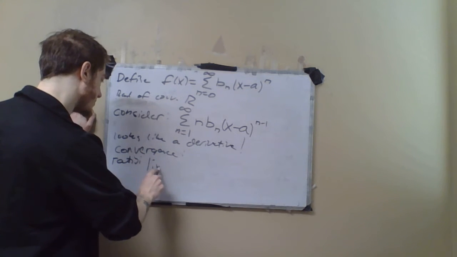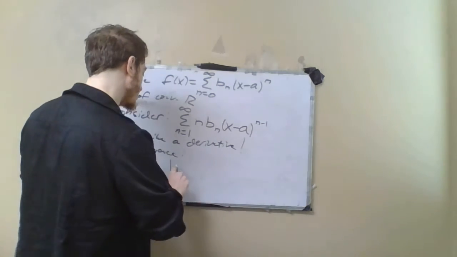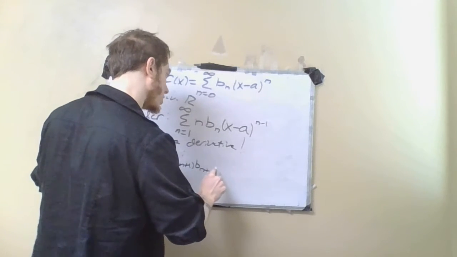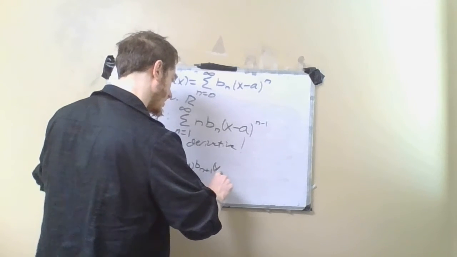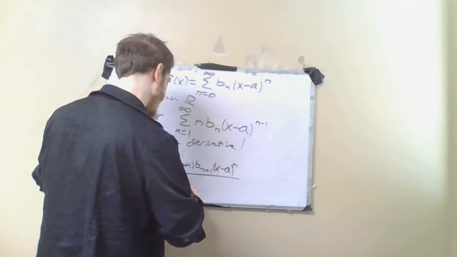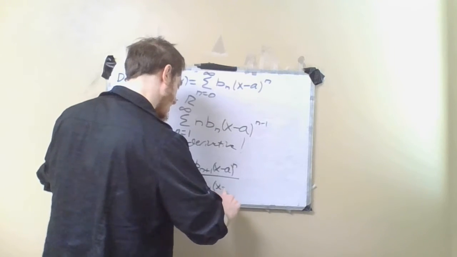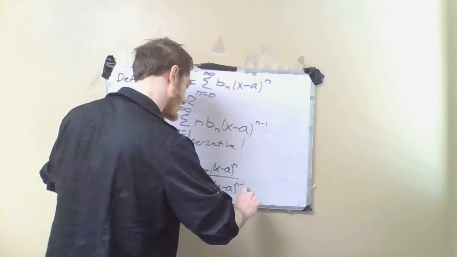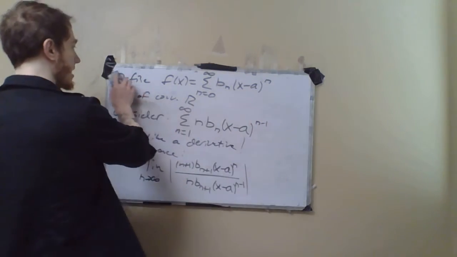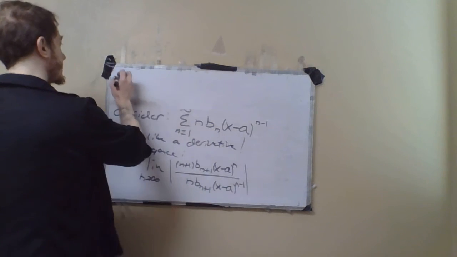I'm going to look at the limit as n goes to infinity of the absolute value of n plus 1, bn plus 1, x minus a to the n, divided by n times bn, x minus a to the n minus 1.